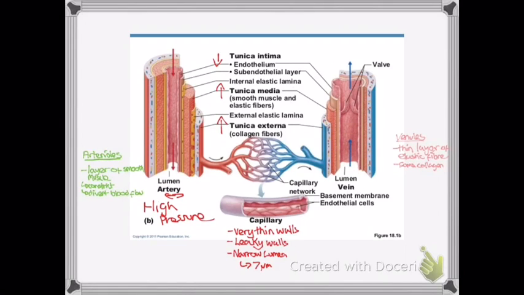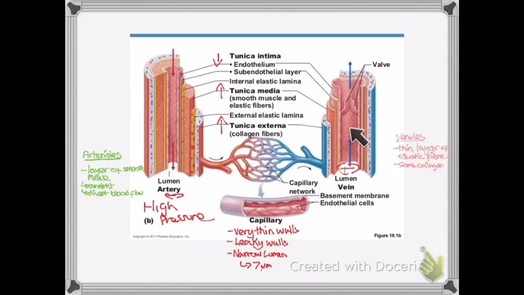In a vein, let's have a look at our lumen. It's much wider. Even though my arrows don't really show the difference, as we can see on the diagram, which is why I didn't draw it, it's much bigger, much larger. So we're dealing with a much lower pressure in our vein.